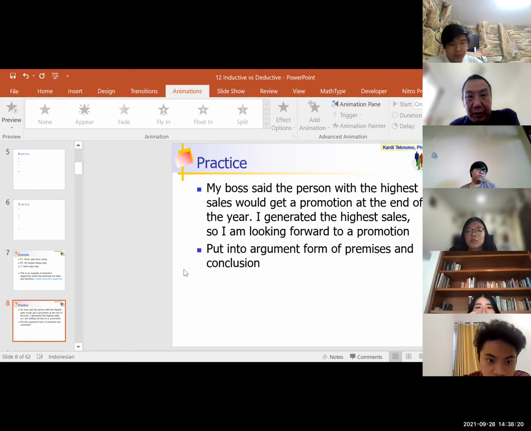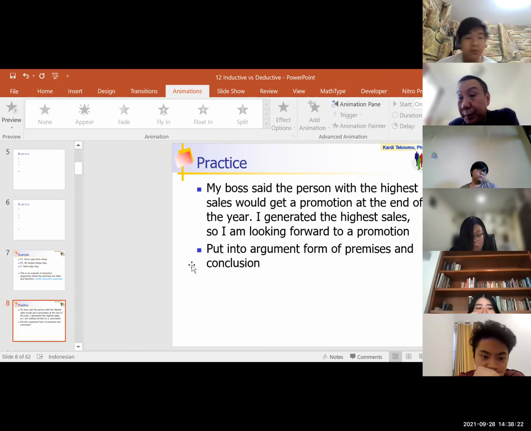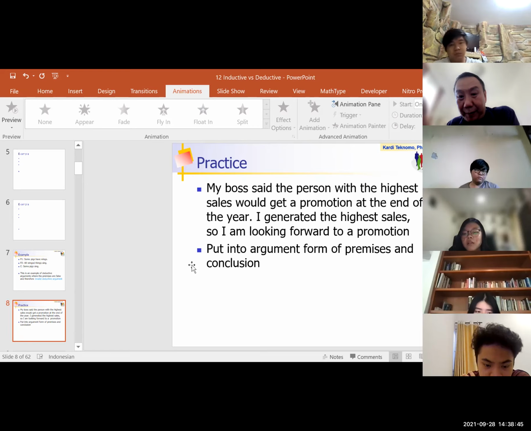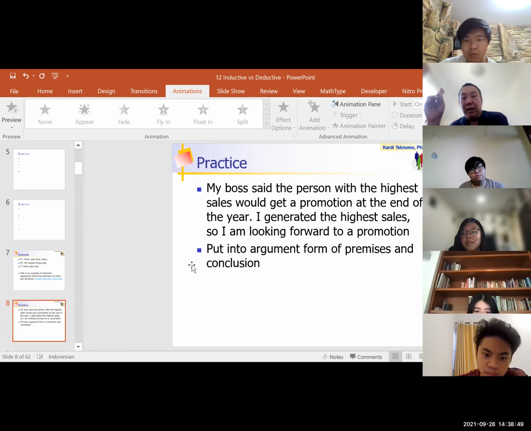I want to ask, what if we don't know if the premise is true or false? If you don't know whether it is true or false, then you start to think about probability. In that case, you will start to think in terms of inductive inference, which we will discuss later.